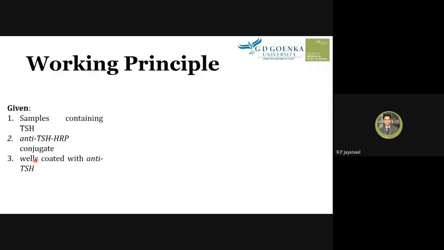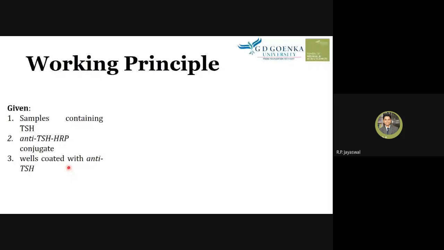So we have three things specifically provided: one, the serum sample; two, the enzyme-labeled antibodies; and another, the antibodies coated to the microwells, which are immobilized antibodies not coated with any enzyme.